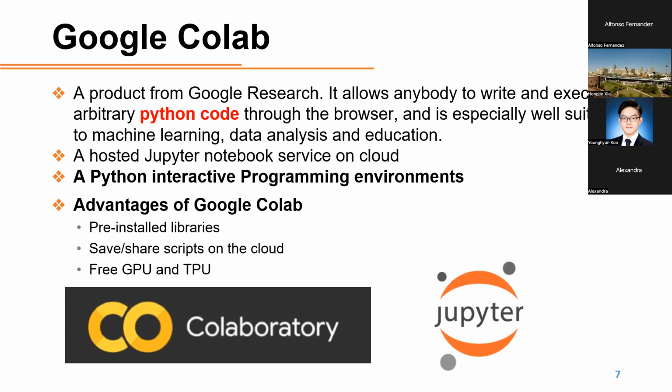But once we use Google Colab, it's a very similar environment. You can do that. Okay. There's also the advantage of lots of pre-installed libraries, and you can share the script on the cloud. I will show you the scripts, and you can all save them to your Google account, so you can use them later on. And you can also use some free GPU and TPU from Google. Okay.